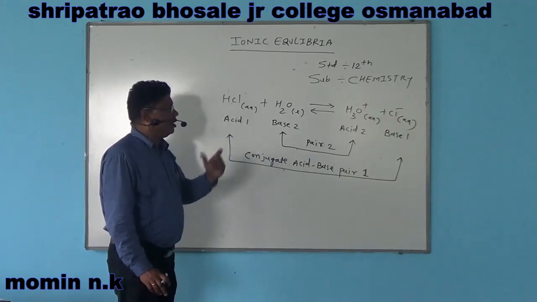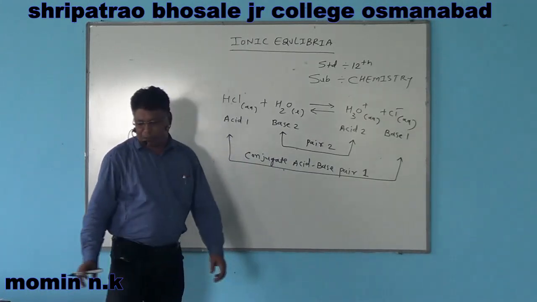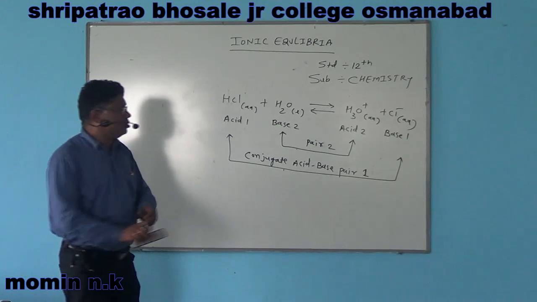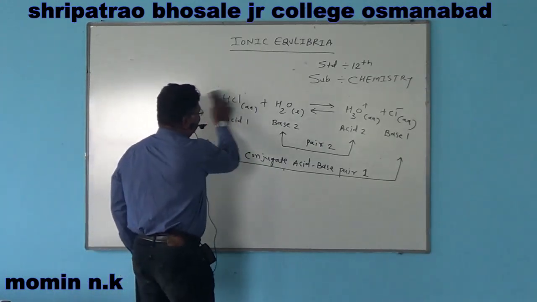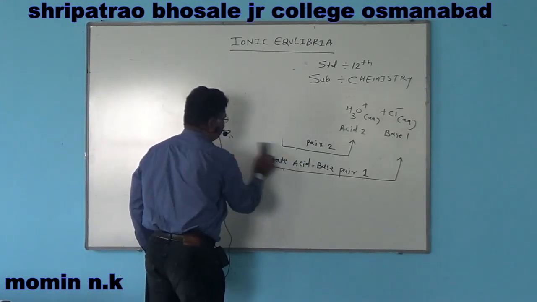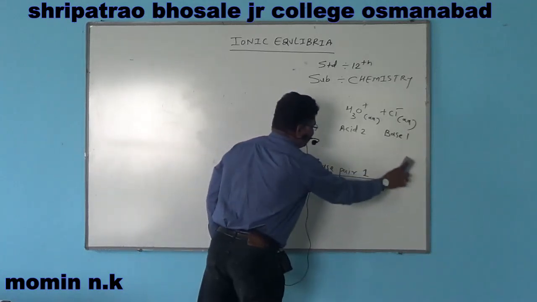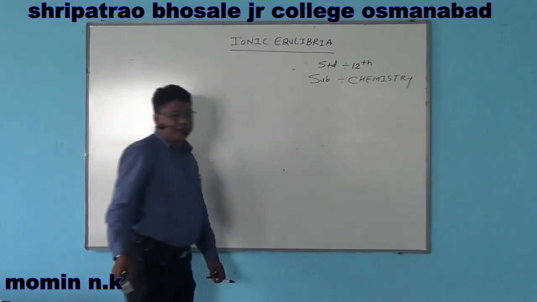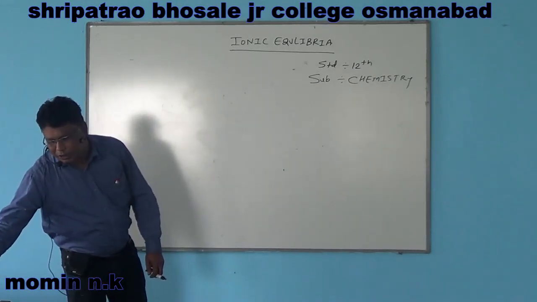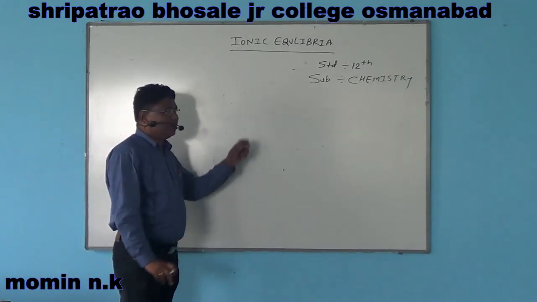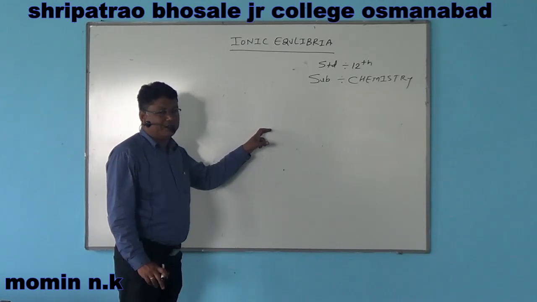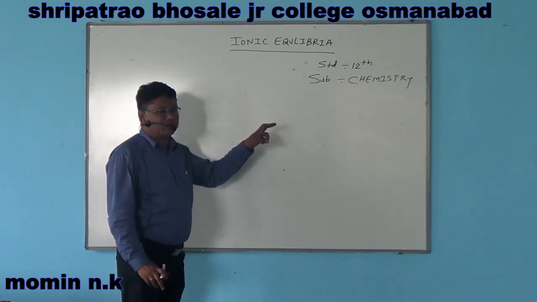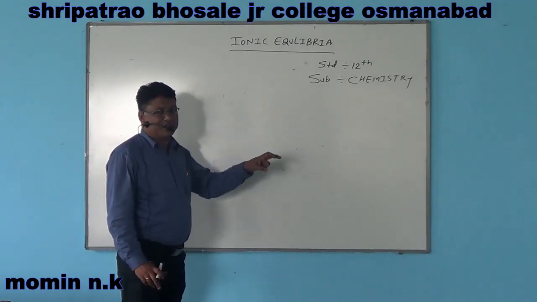So after having an idea about conjugate acid base pairs, we want to study another definition of acid and base given by scientist Lewis. So we completed two definitions of acid and base. First one, that is Arrhenius theory of acid and base. Second one, Bronsted and Lowry concept of acid and base.